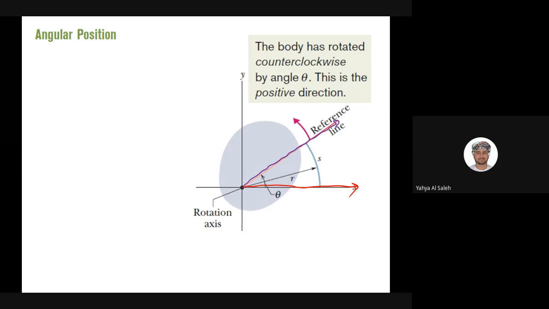Is this a good place to measure it? Here, I moved the distance s. Or perhaps this is a better place. Or maybe if I go really nearby, it's better because it's closer to the rotation axis.